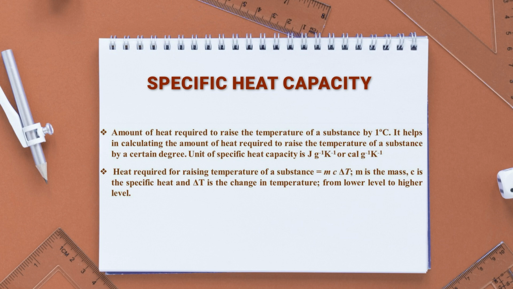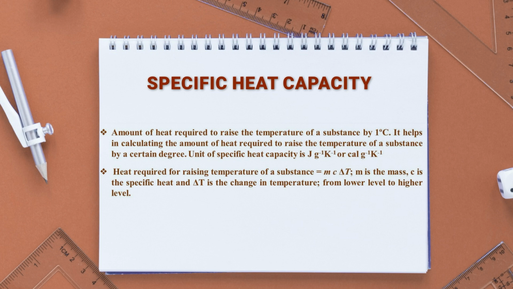So suppose you take water, how much heat is required for raising its temperature by 1 degree? If you know it for 1 degree, then you can know how much it will require for 40 degrees, 50 degrees. The unit for this is joule per kg per Kelvin, or calorie per gram per Kelvin.